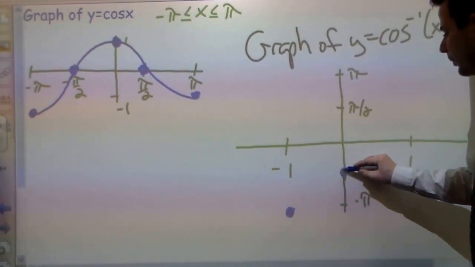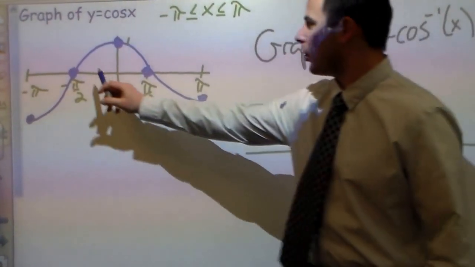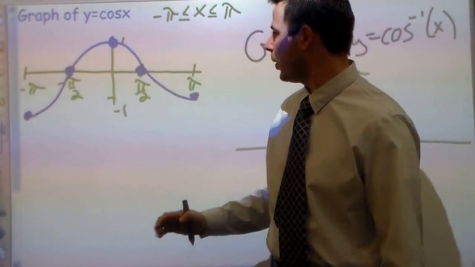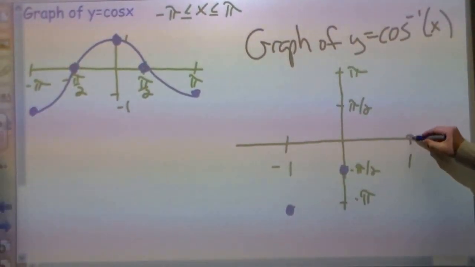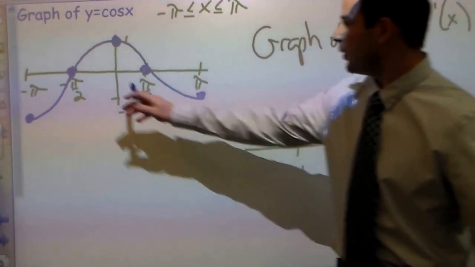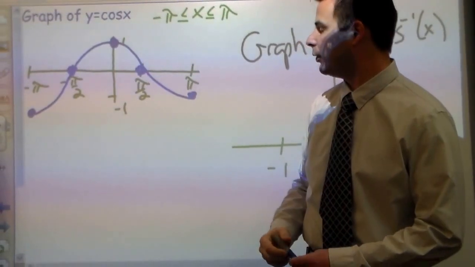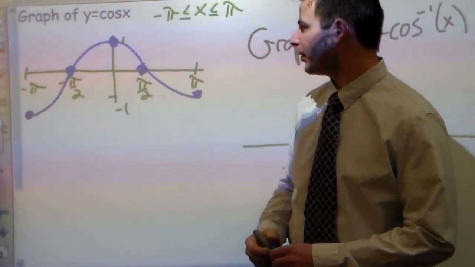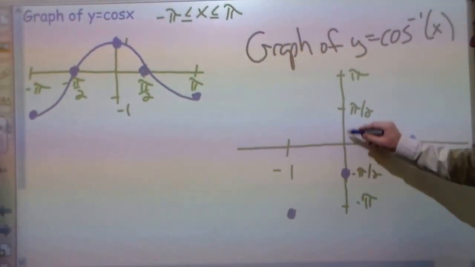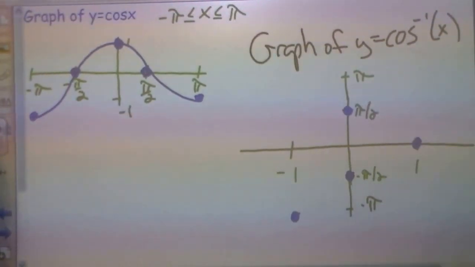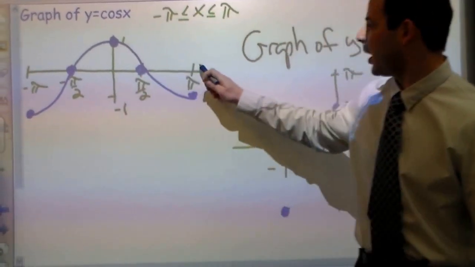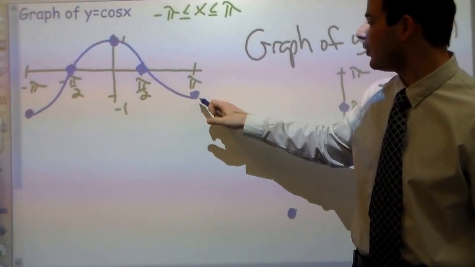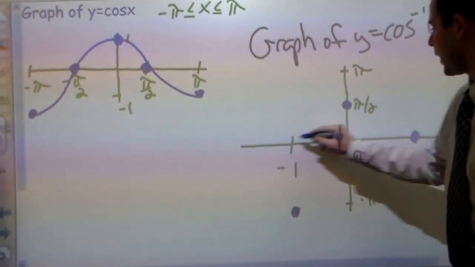We had the ordered pair 0, 1, so now we're going to have the ordered pair 1, 0. We had the ordered pair pi over 2, 0, so now we're going to have 0, pi over 2. And we had the ordered pair pi, negative 1, so now we're going to have the ordered pair negative 1, pi.